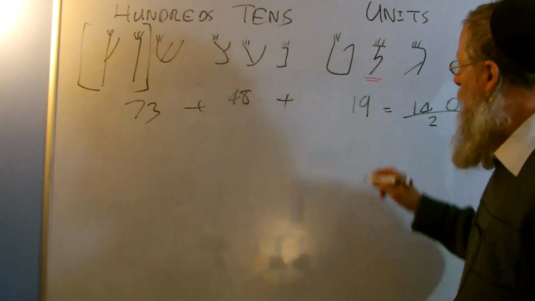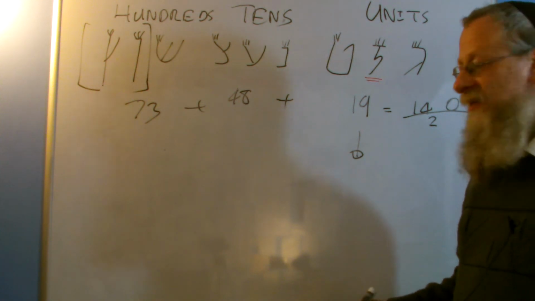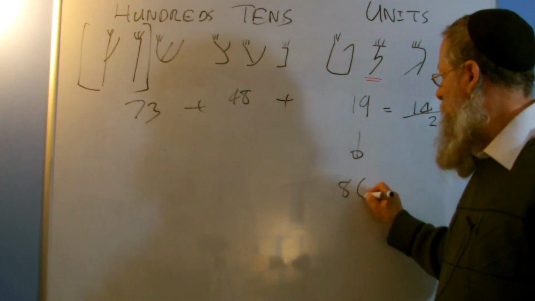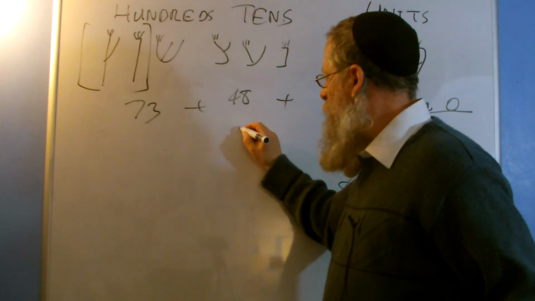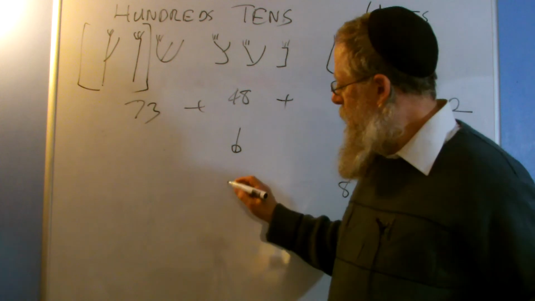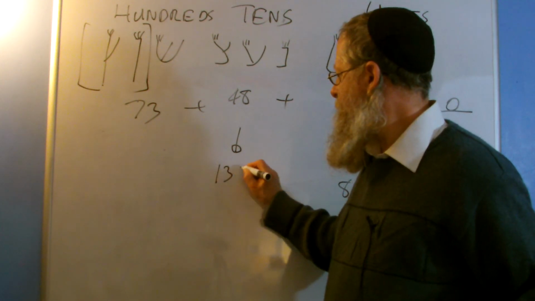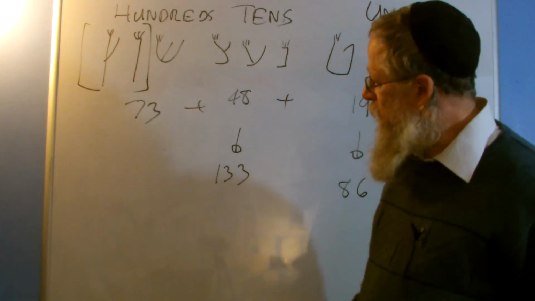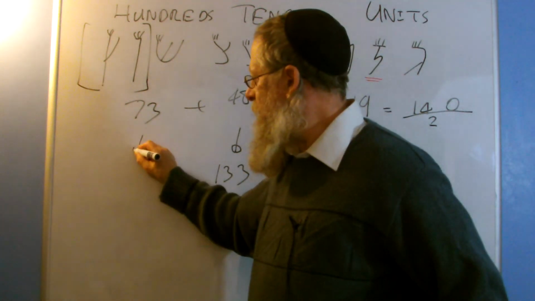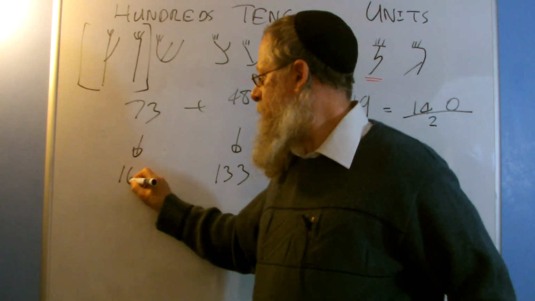So now I want to know, what is 19 as a place value? The word 19 is 86. The word 48 is 133. And the word 73 gives me 166.